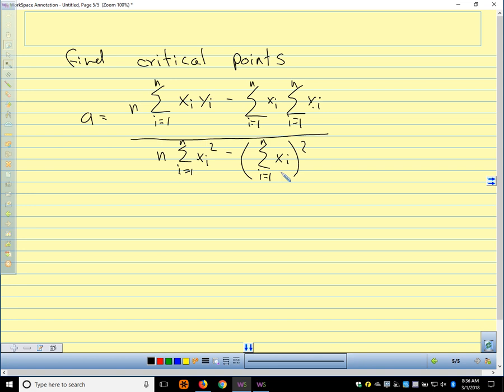That's how you find a. And that comes from taking the partial derivative of that sum of the squares, and setting it equal to 0, finding the critical points.